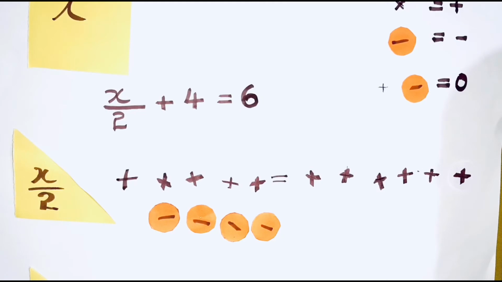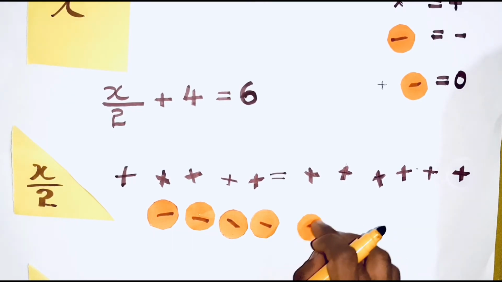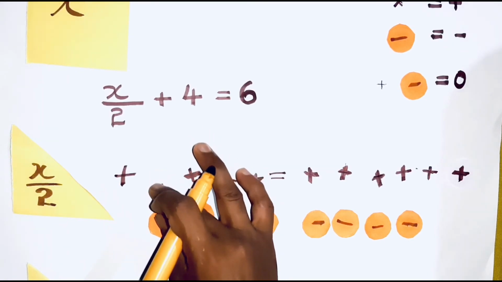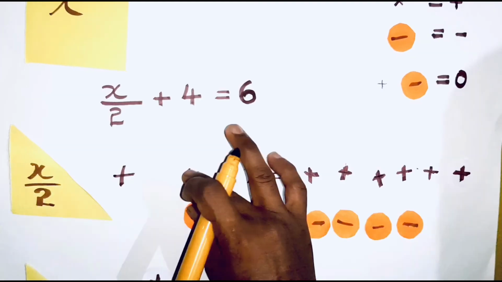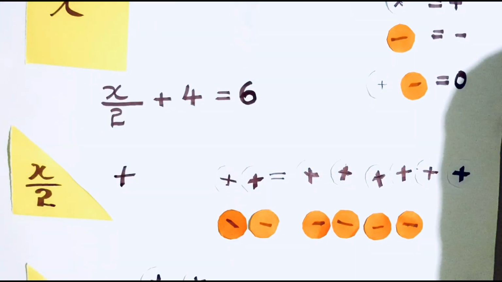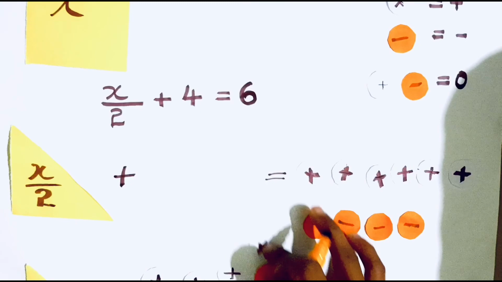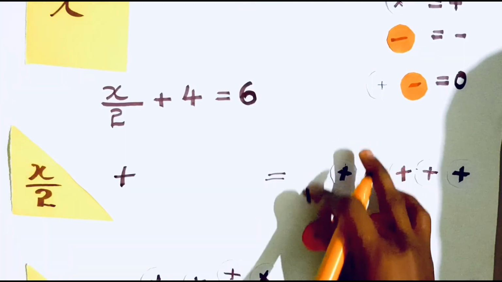The same way we will give on the right hand side too. So here it forms, we know that plus and minus becomes 0. So this also becomes 0.